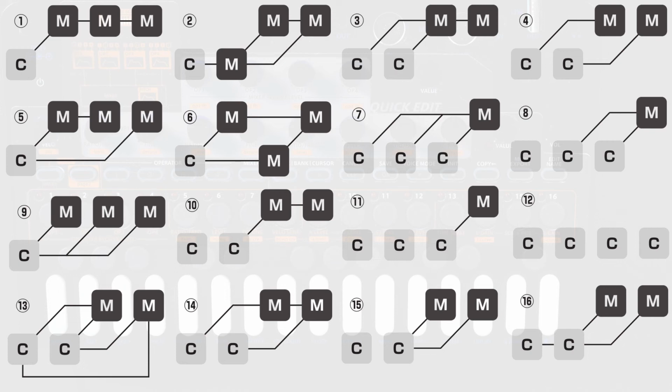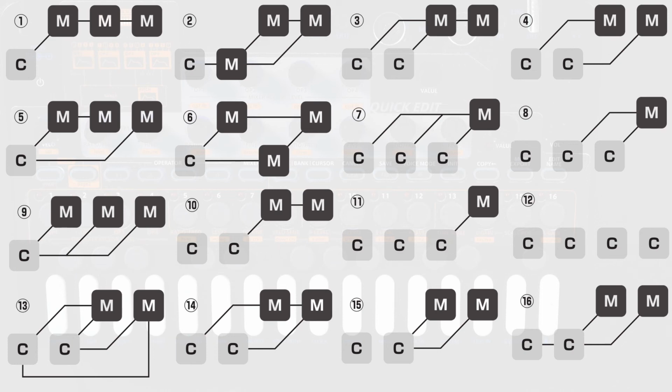Rather than allowing you to control the send and receive levels of all of the operators, instead you have a single parameter known as level, which is simply how loud or quiet that operator is. In the context of a modulator, that level adjusts how strong the modulation is. In the context of a carrier, that adjusts how much of that signal goes to the mixer.